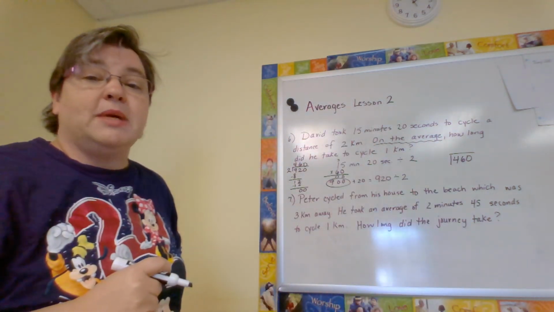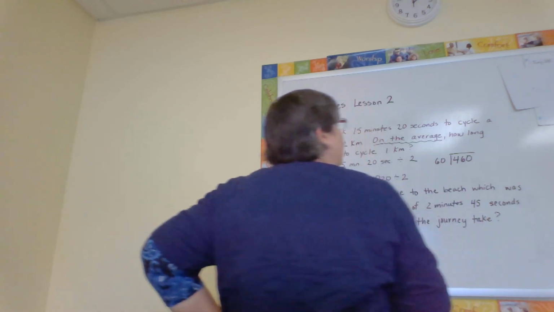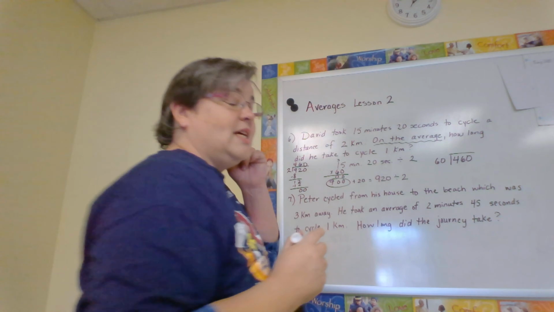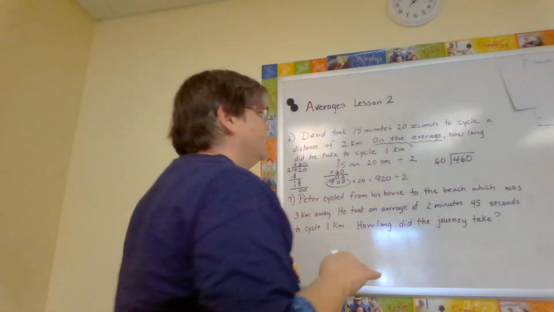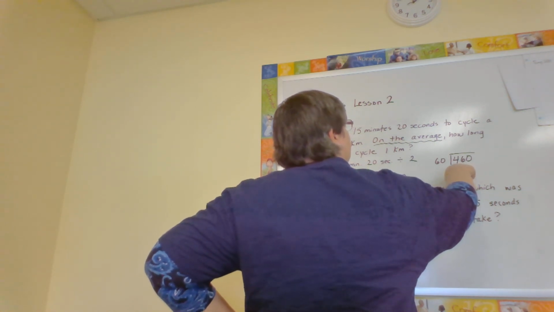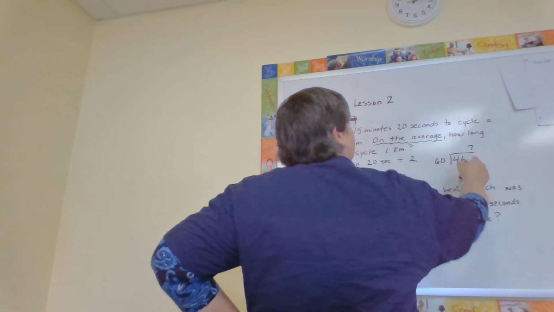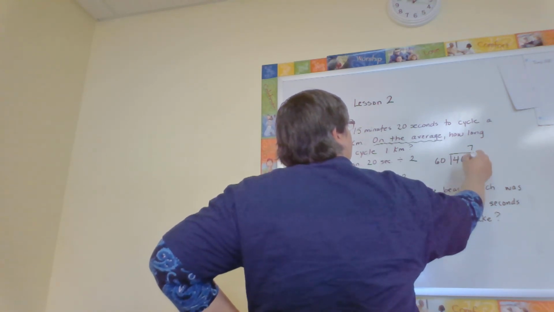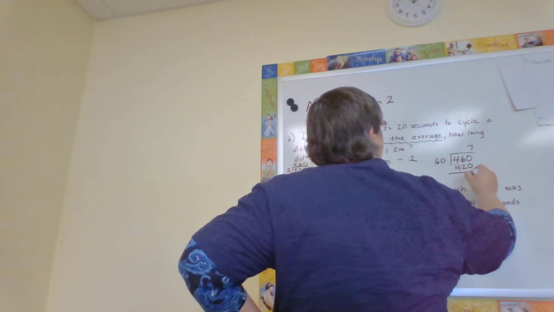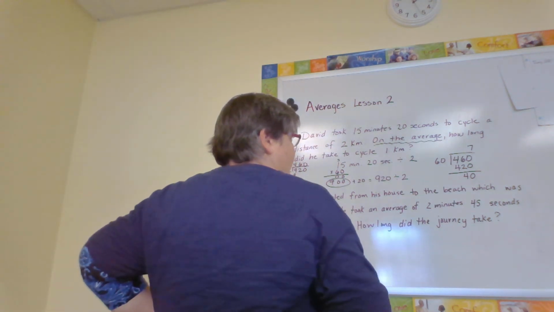Now I have to take the 460 seconds and put them back into minutes. So 60, and what I'm going to do is pretend that 0 is not there, like this. So 6 goes into 46, 7 times. 7 times 0 is 0. 7 times 6 is 42, and I'm left with 40.